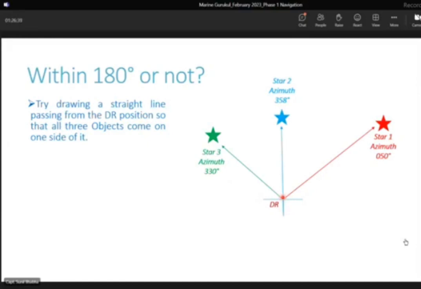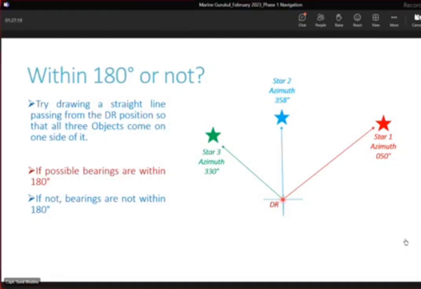I repeat again, we try drawing a straight line which passes through the DR position in such a way that all the three objects come on one side of that line. If it is possible to draw that kind of a line, the bearings are said to be within 180 degrees. If it is not possible to draw such a line, the bearings are said to be not within 180 degrees, or you can also say the bearings are stretching outside 180 degrees.